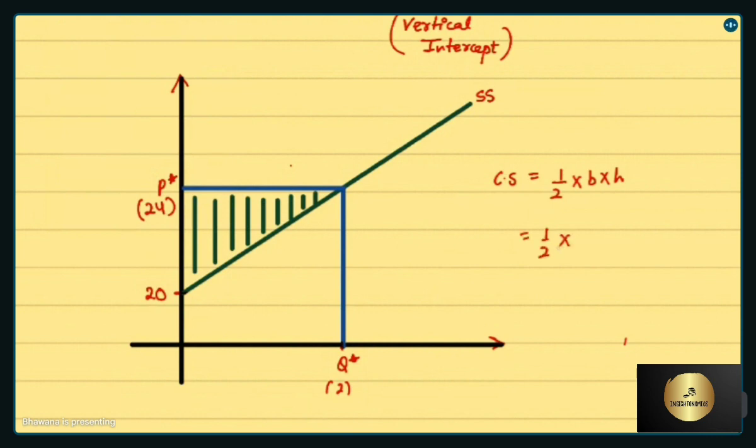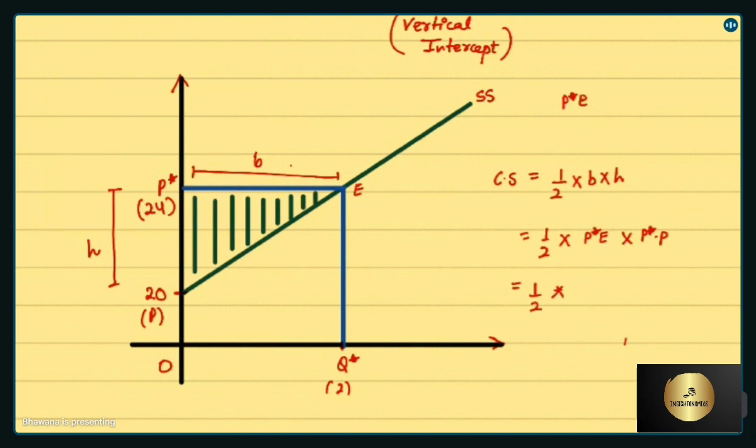So 1/2, this is your base, this is your height. So your base is equal to P star E and your height is equal to P star P. And now we have a value for this term. What is the value for this? 2, right?